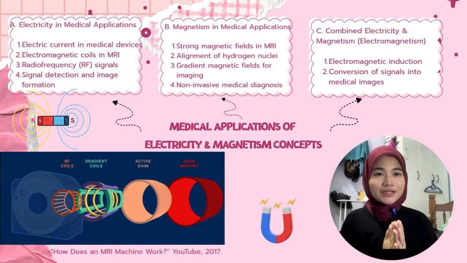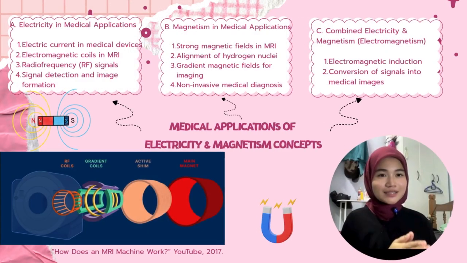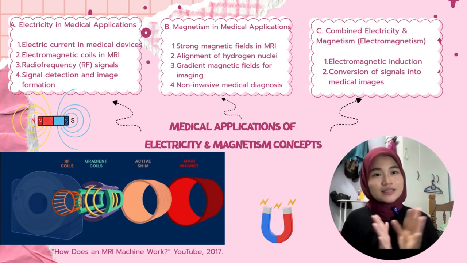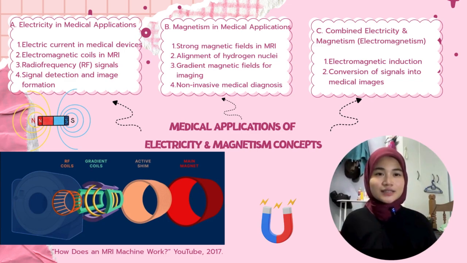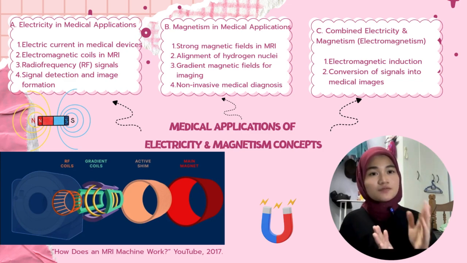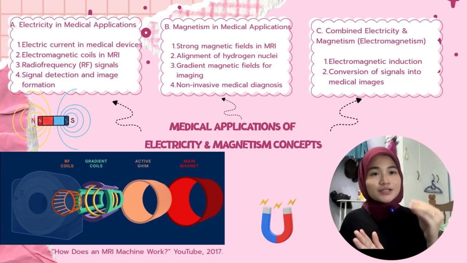Now let's talk about medical applications of the electricity and magnetism concept. In medical technology, electricity and magnetism play a crucial role. Why? Because in the MRI machine, electric current flows through the coil to produce a magnetic field. This magnetic field will align the hydrogen ions in the human body.